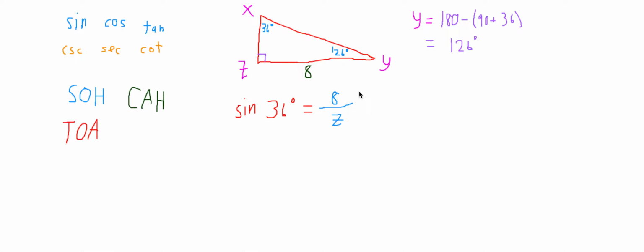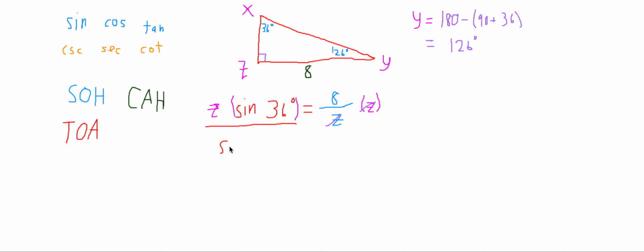So we can use our algebra skills and solve for z. We can basically multiply z on both sides to balance out the equation. And then we can divide both sides by sine of 36 degrees.